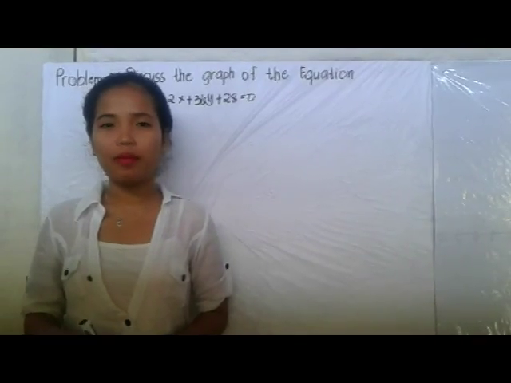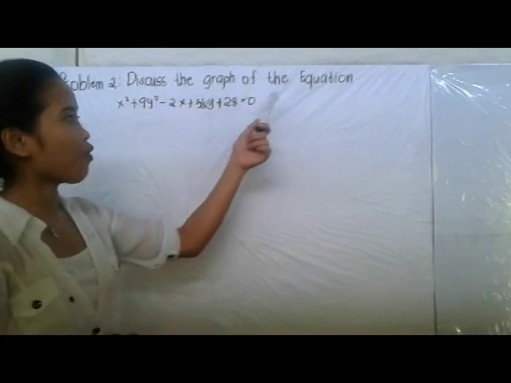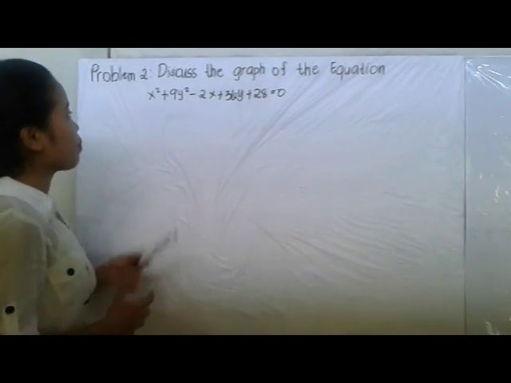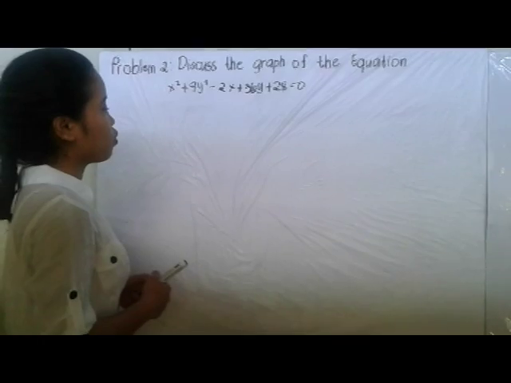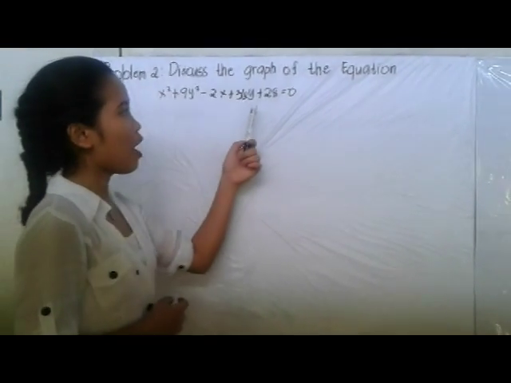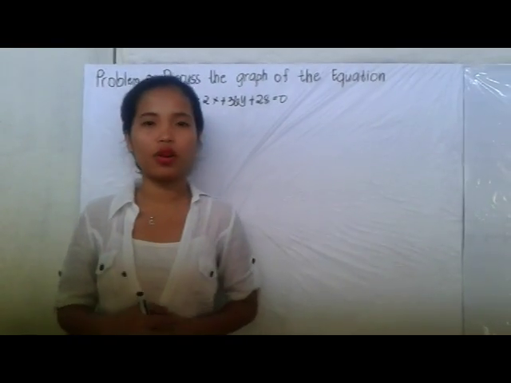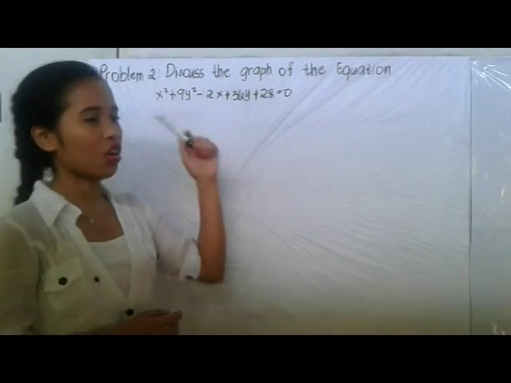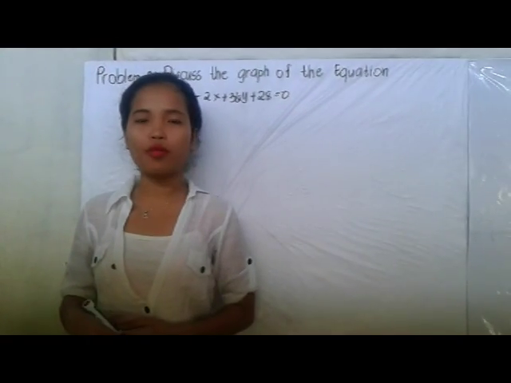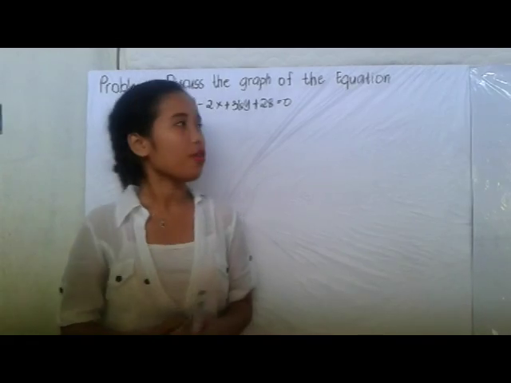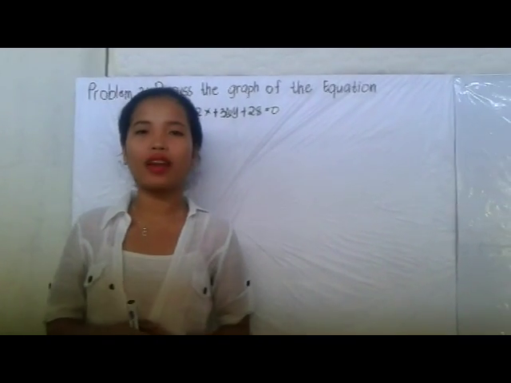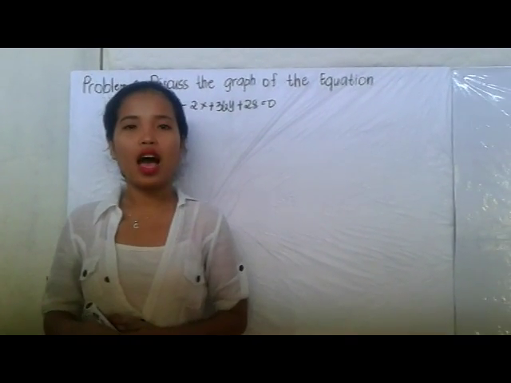Let's proceed to our problem 2, which is to discuss the graph of the equation x squared plus 9y squared minus 2x plus 36y plus 28 is equal to 0. As you can see, this is a given general form of an ellipse. The first thing to do is combine the x terms and the y terms and move the constant number to the right.